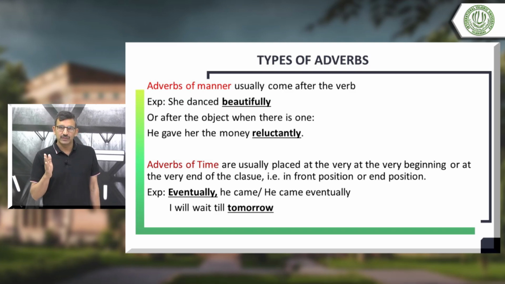So, we can use eventually at both places, in the front position of the clause or in the end position of the clause. Another example is I will wait till tomorrow. Tomorrow is an adverb of time and it can come at the end, and we can also say tomorrow I will wait for you. So, tomorrow can come in the beginning or at the end position of a sentence.